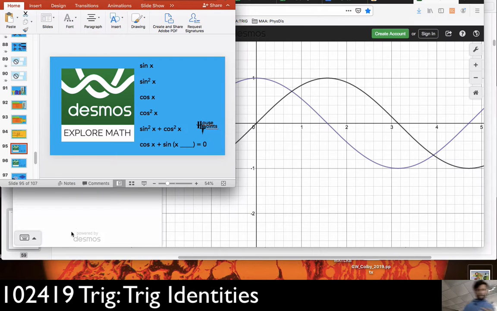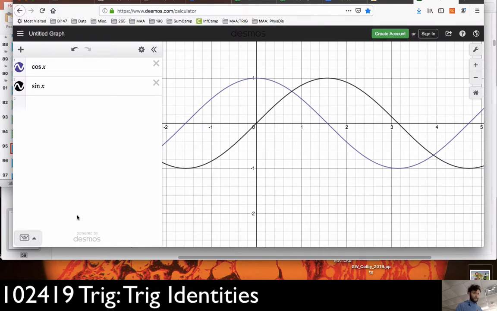In phase means they're identical graphs. Out of phase means they cancel. And so I was trying to get it out of phase.